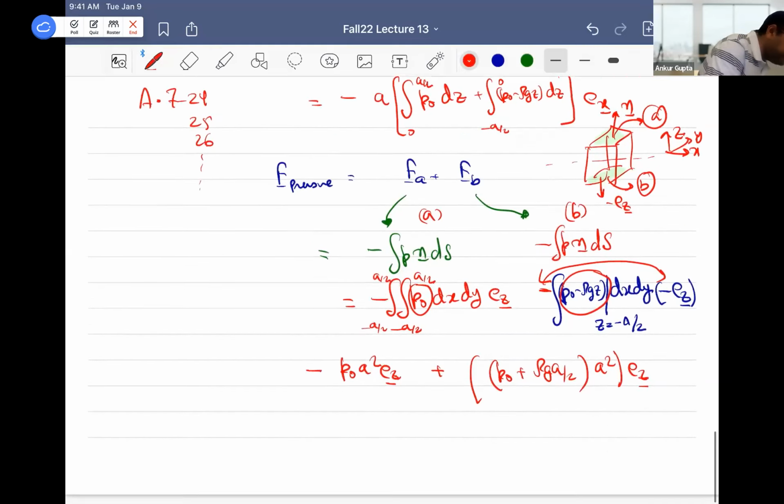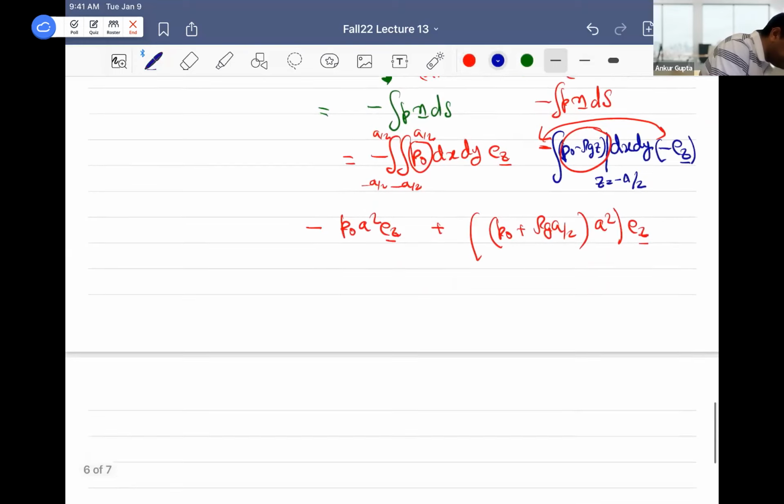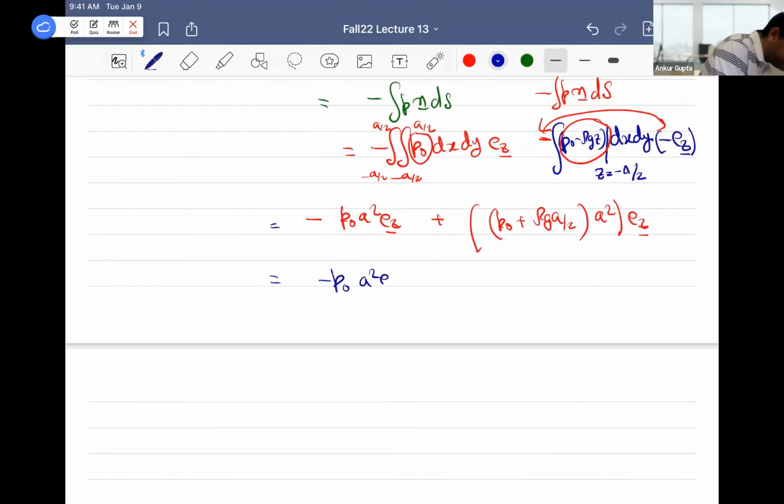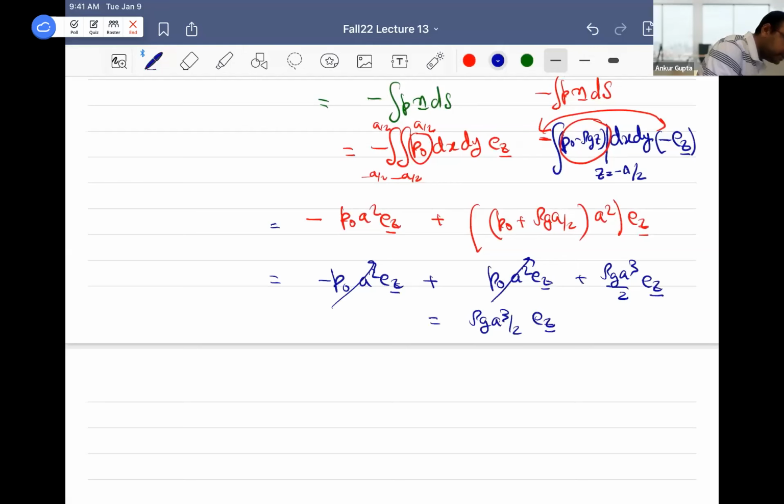This becomes minus P naught a square EZ plus P naught a square EZ plus rho g a cube by 2 EZ. So the P naught terms cancel out, and you get rho g a cube by 2 EZ, which is actually equal to minus rho V submerged g vector.